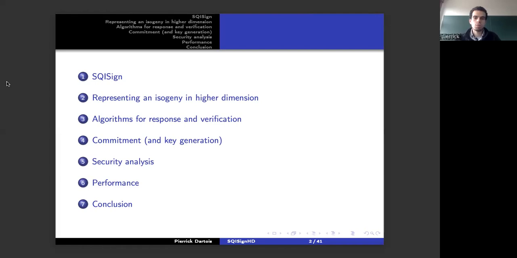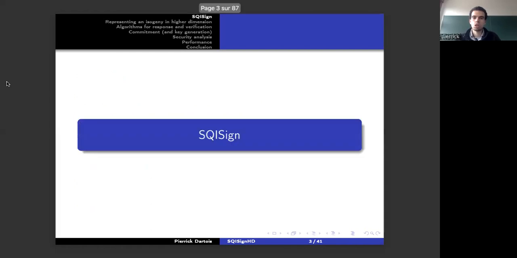Finally, I will present a security and performance analysis of SQISignHD. So first of all, let's get to SQISign.